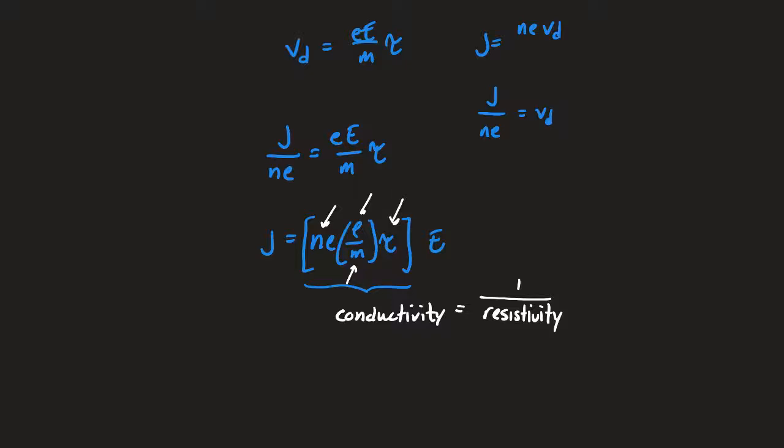Resistivity is related to resistance. So if we consider this current density for a minute, and by the way, the symbol for resistivity is lowercase rho, we could write this as J equals 1 over resistivity times the electric field.